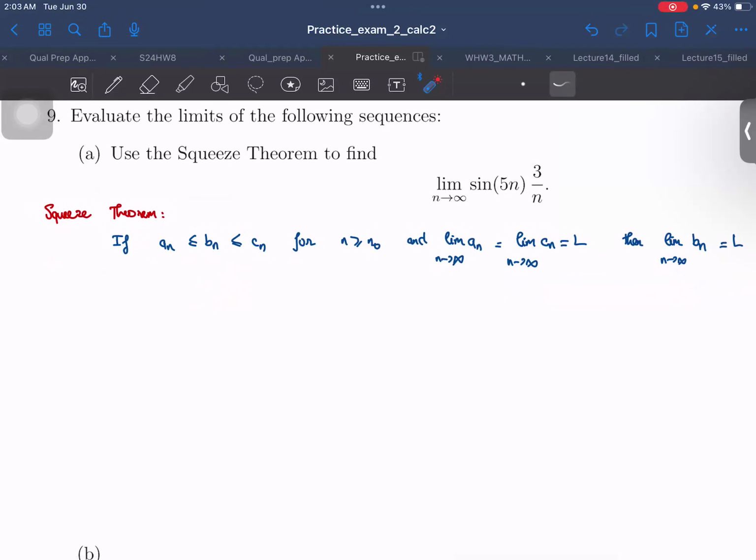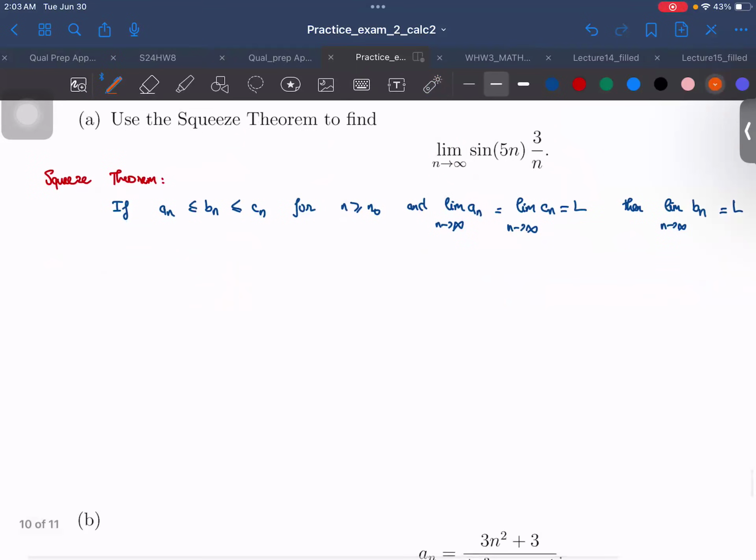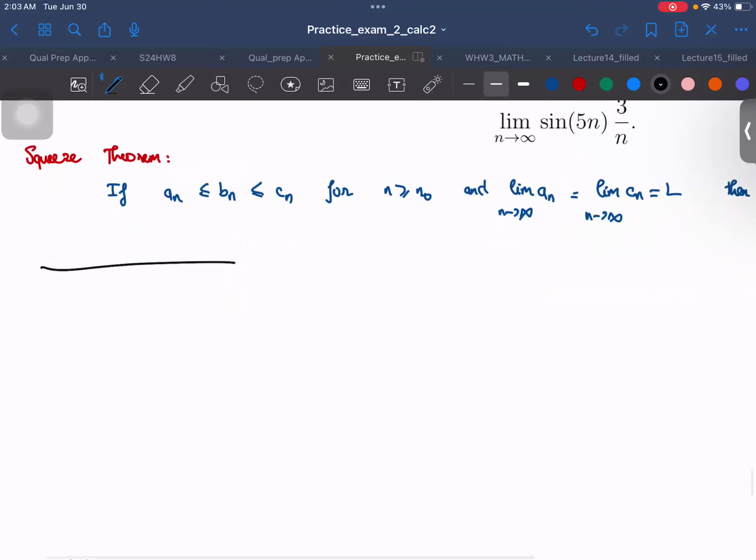So over here, I want to evaluate the limit of this sequence using the squeeze theorem. And remember that when you see the sine or cosine function, one of the possible inequalities you may have is that sine of x is always between -1 and 1.